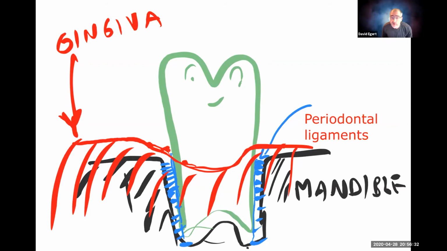Some of the things that go wrong, we can talk briefly about. Gingivitis, inflammation of the gingiva. When that happens, you can start getting retraction of the gums, disconnecting from the tooth, making it more vulnerable for things to get down in there.